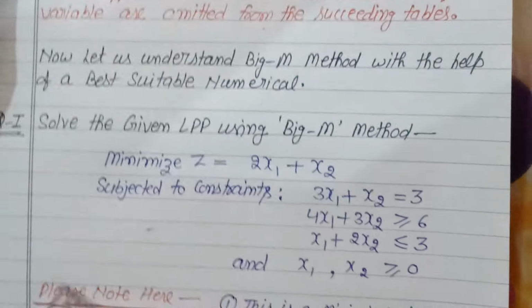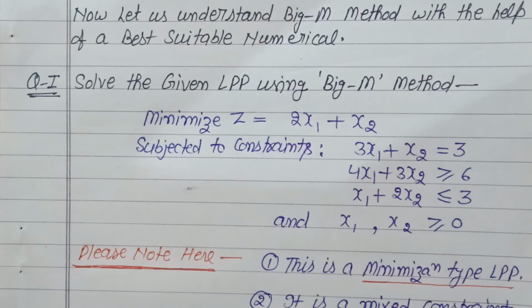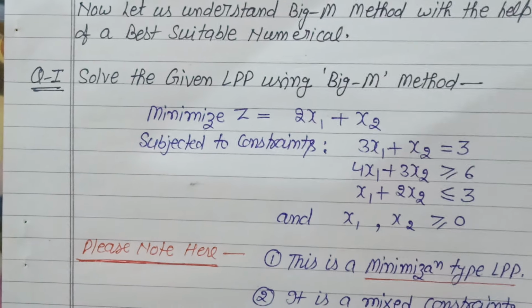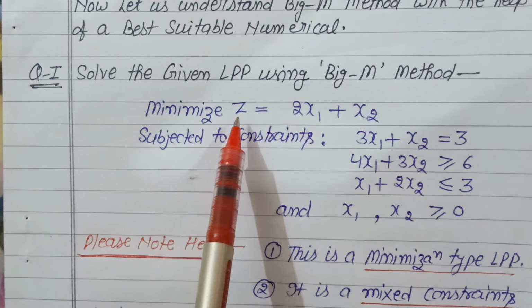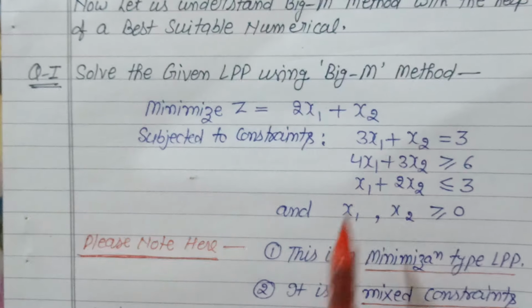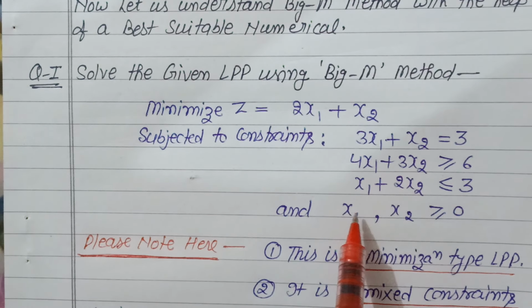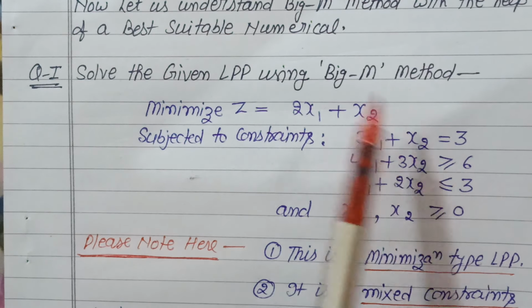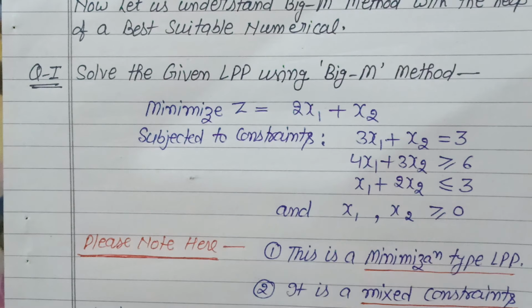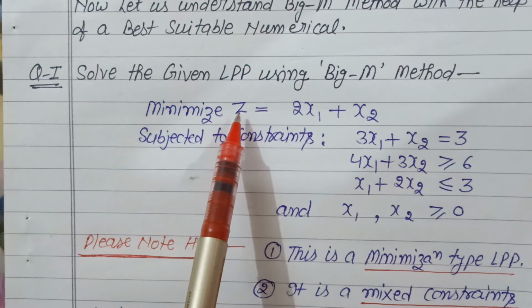This is the given LPP and we have to solve it using the Big M method. Here you will see that the objective function is of minimization type and there are three constraint equations and two variables x1 and x2, both non-negative. Please note that this is a minimization type of LPP.